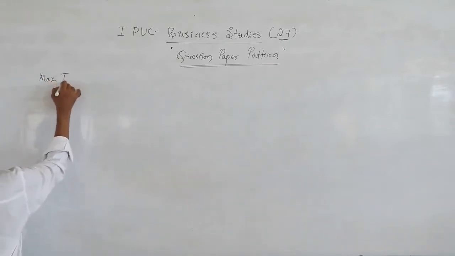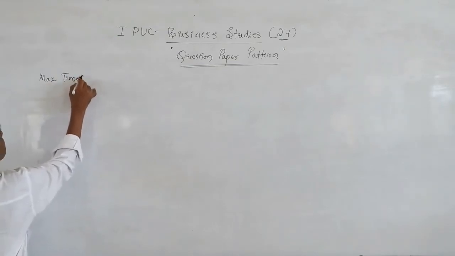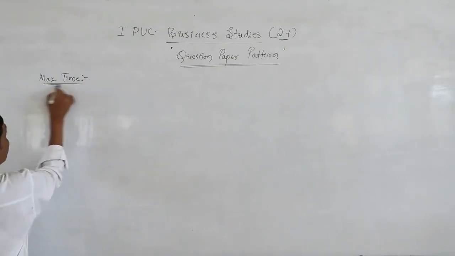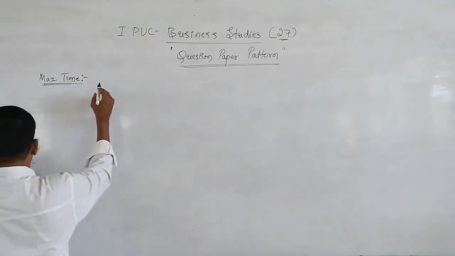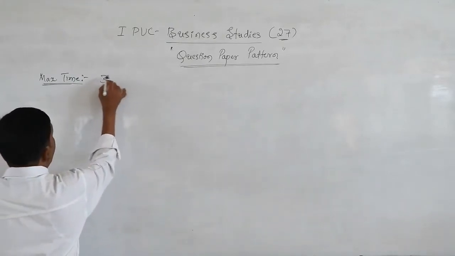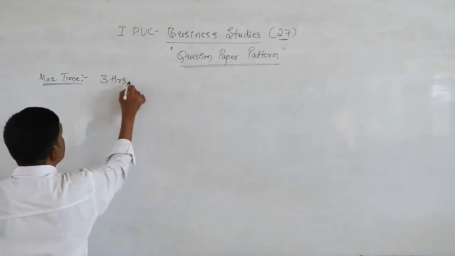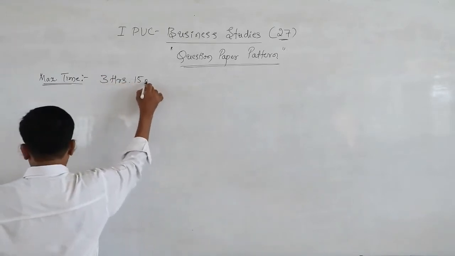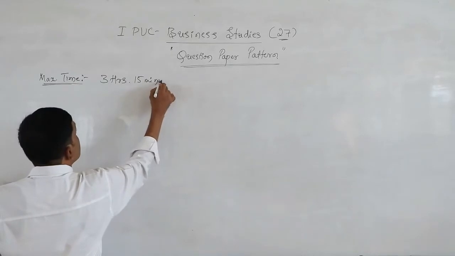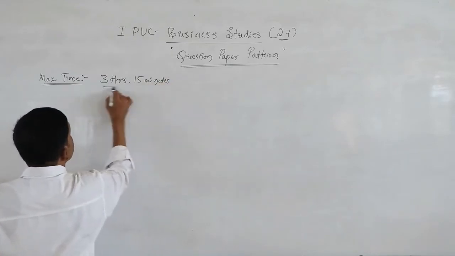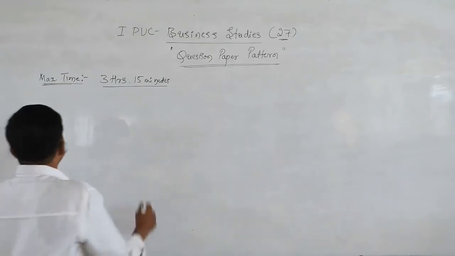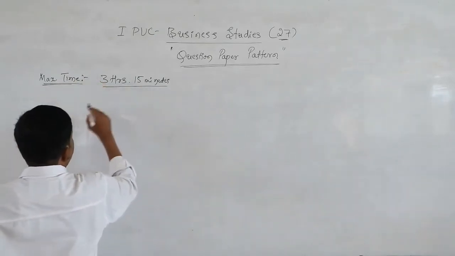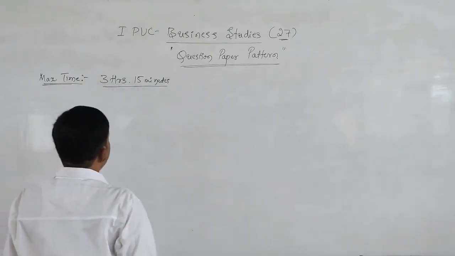Maximum time for solving this annual question paper, dear students, is 3 hours 15 minutes. For the sake of solving the question paper, your maximum time allotted is 3 hours 15 minutes.